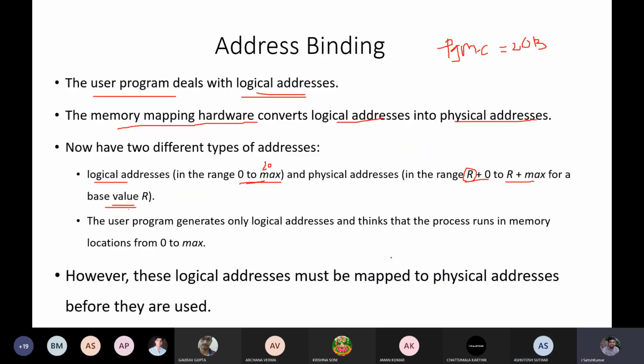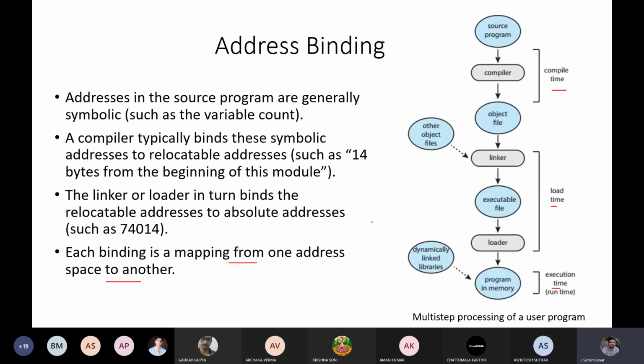Now let us revise this address binding. The compiler typically binds the symbolic addresses, the variables that you declared, to relocatable addresses. Suppose int a is equal to 5.